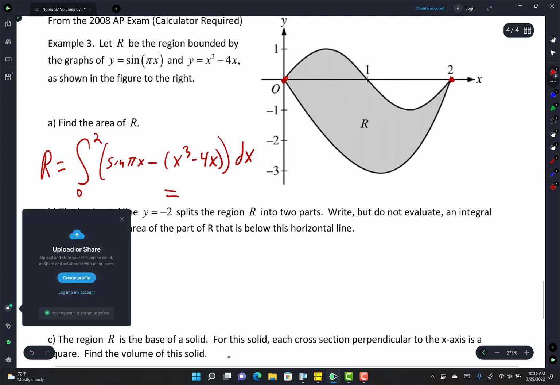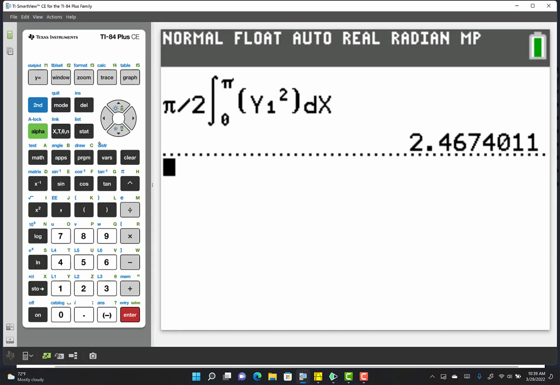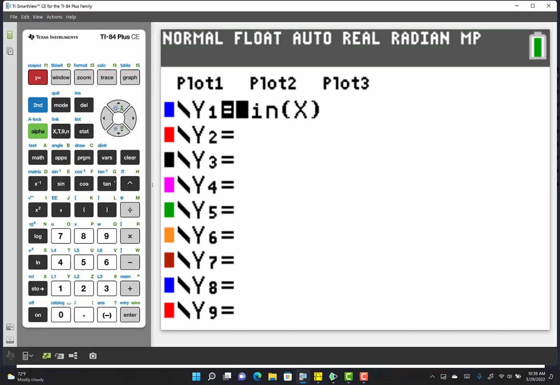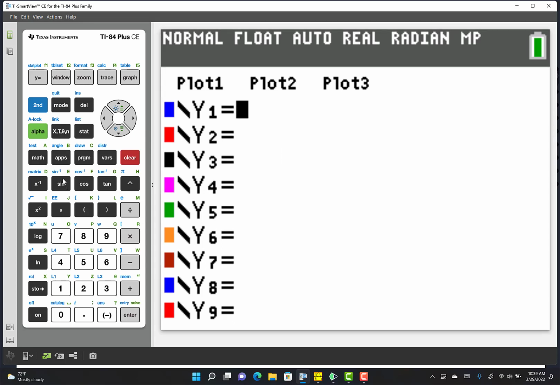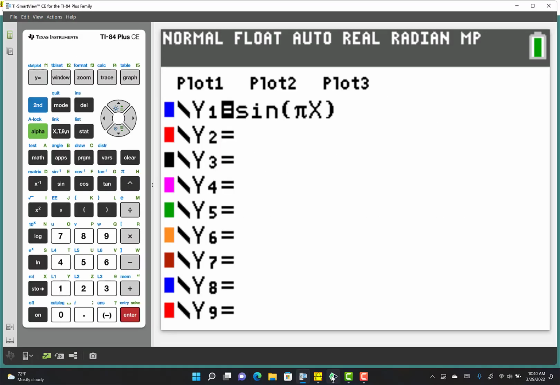Use your calculators, guys. X cubed minus 4x.